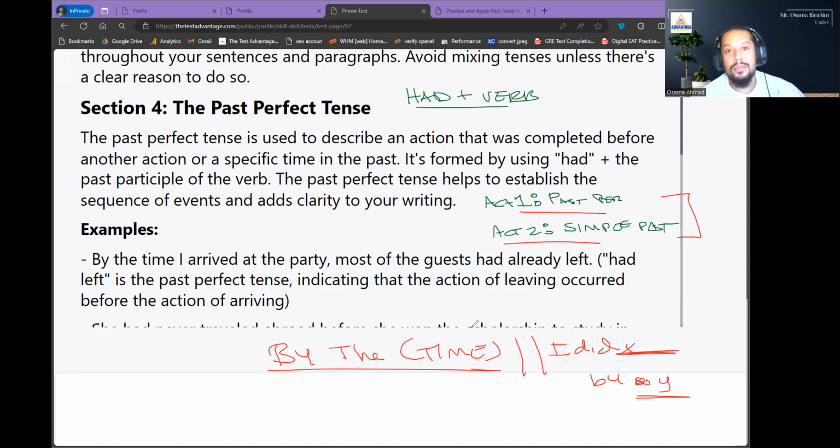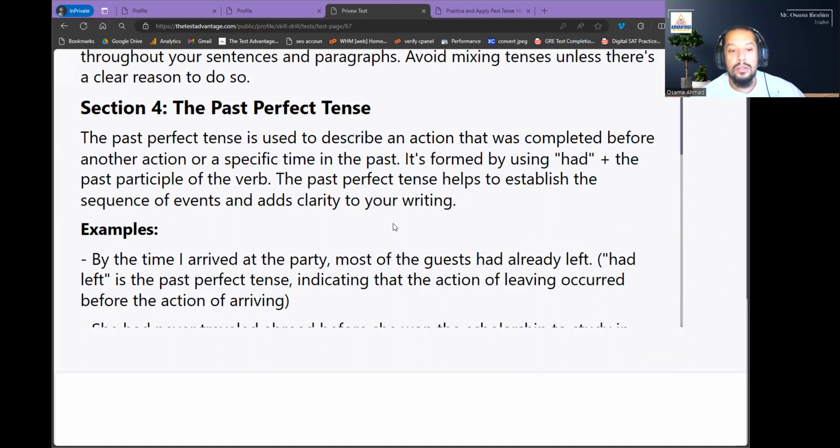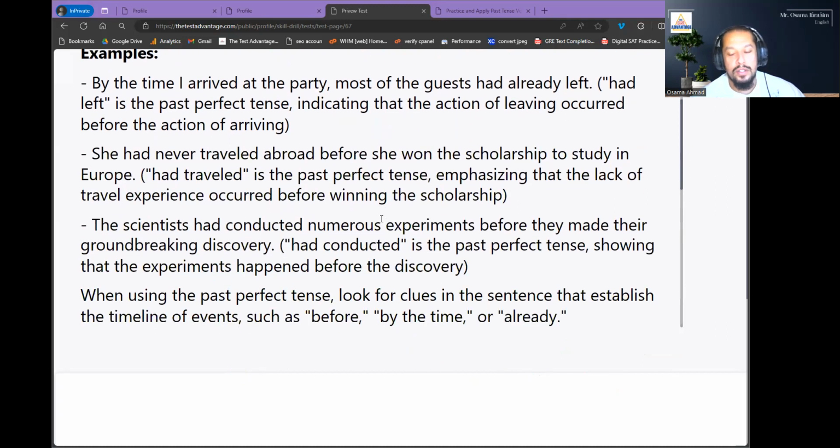So there's a couple of things here that will tell you we need the past perfect. Action one, action two. Action number one receives the past perfect. You look for the phrases by the time or I did X before Y.